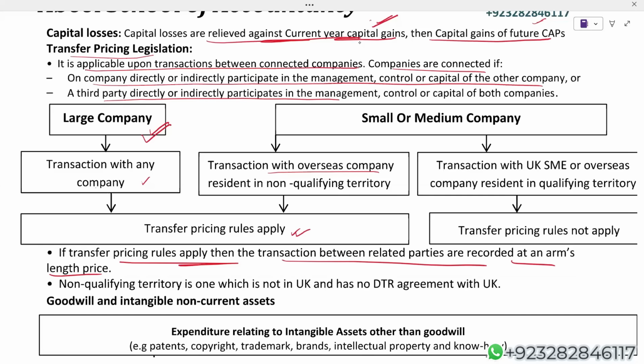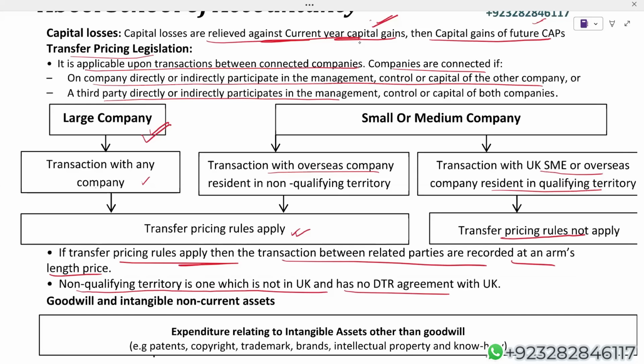If they are in a non-qualifying territory, again the transfer pricing rule will apply. Now, what is the meaning of non-qualifying territory? Non-qualifying territory is one in which the UK has no double tax agreement, no double tax treaty agreement. Transactions with UK SMEs or overseas companies resident in a qualifying territory: the transfer pricing rule does not apply, so there is no need to bring the transaction at fair values.